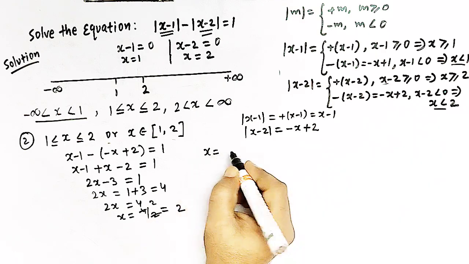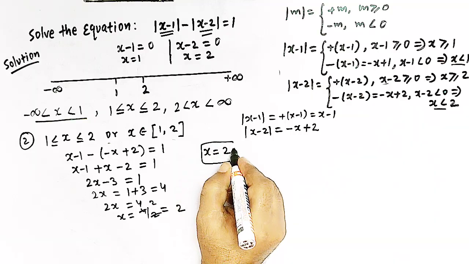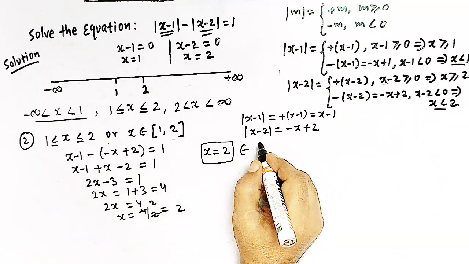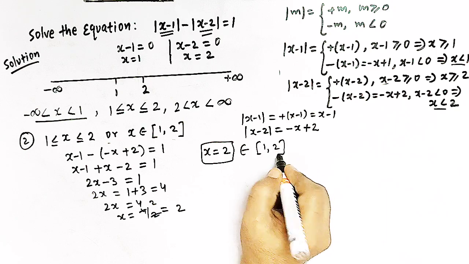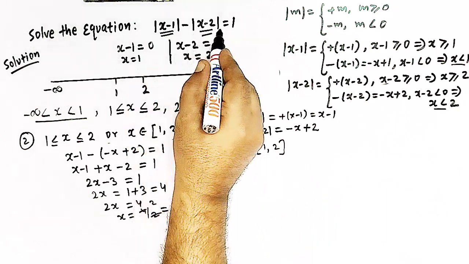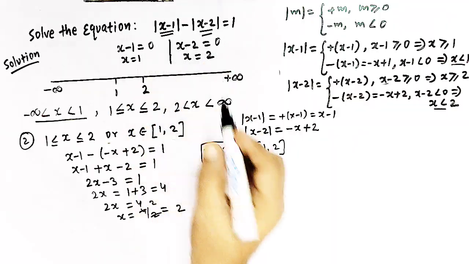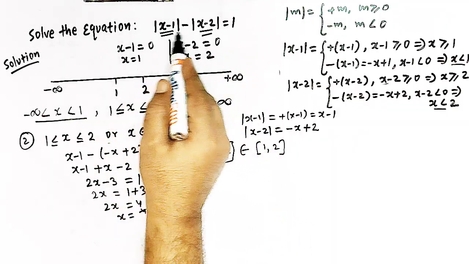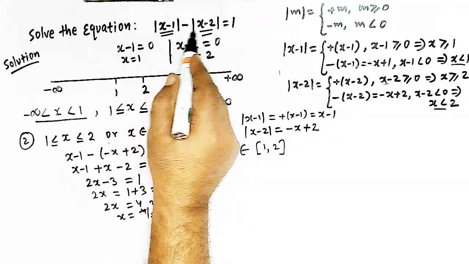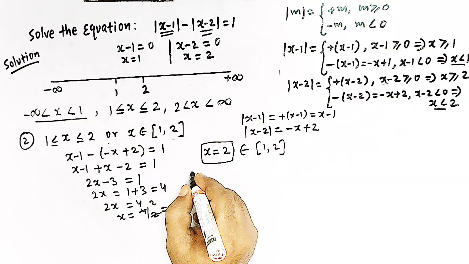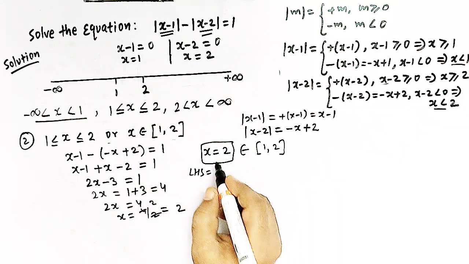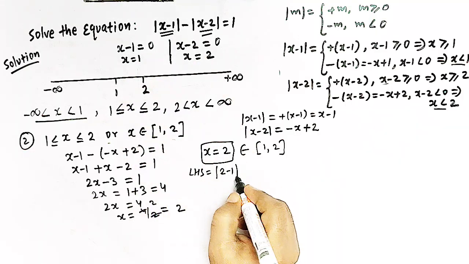So we have now x is equal to 2, which belongs to this interval, that is 1 to 2. So x is equal to 2 is a solution of this equation, and we can also verify it by taking x is equal to 2 in the left hand side. So in the left hand side we have mod of x minus 1, so we have 2 minus 1.